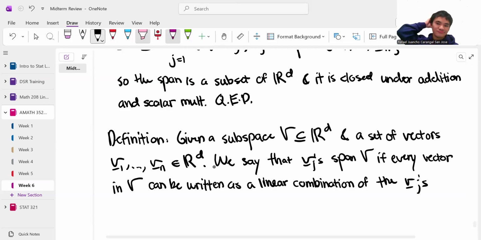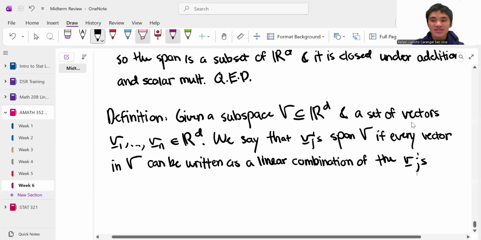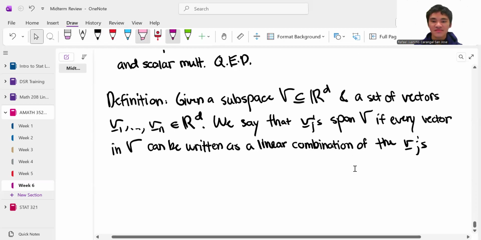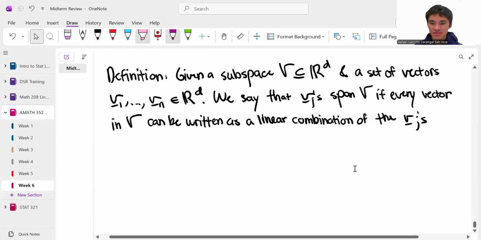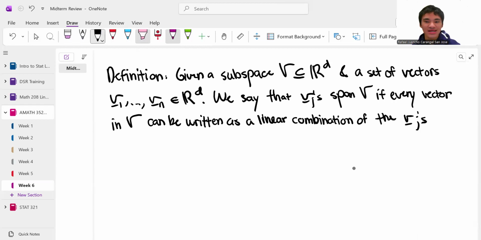So what does that mean? Let's take a pause for a second. We have a set of vectors v1 to vn in d dimensions. Then we say that the v_j's span V. And V is again just a set of vectors. They span V if every vector in V is a linear combination of the v_j's. So what in the world is that?